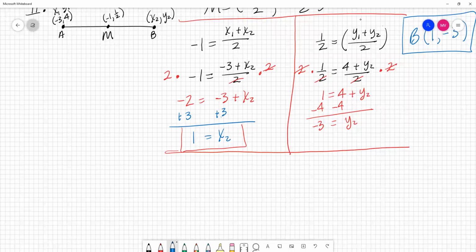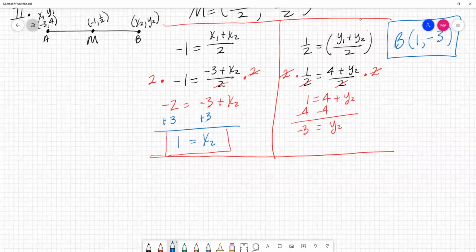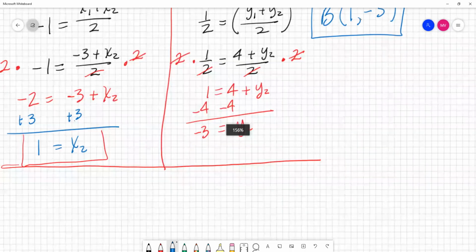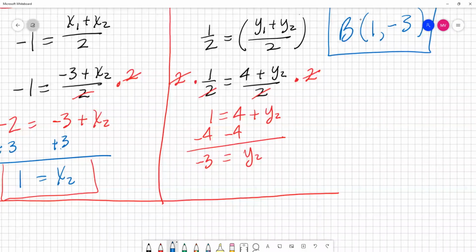How do I have 1 equals 4x, y2? No, it's just 4. It should be 4 plus y2. Do you need to clean up your plus sign? So let's turn that into a plus sign, and then you should be okay.